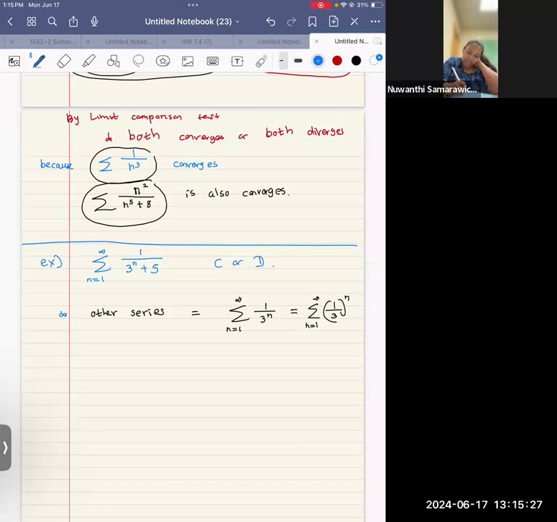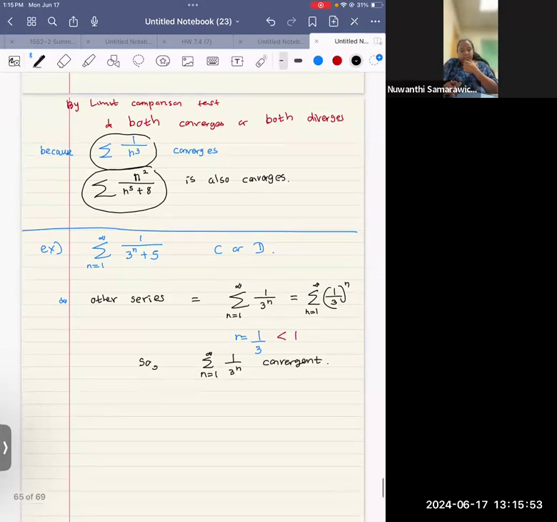It is convergent because the common ratio is 1 over 3, and 1 over 3 is less than 1. So by the geometric series that we learned, this one is convergent. Now we keep this aside.